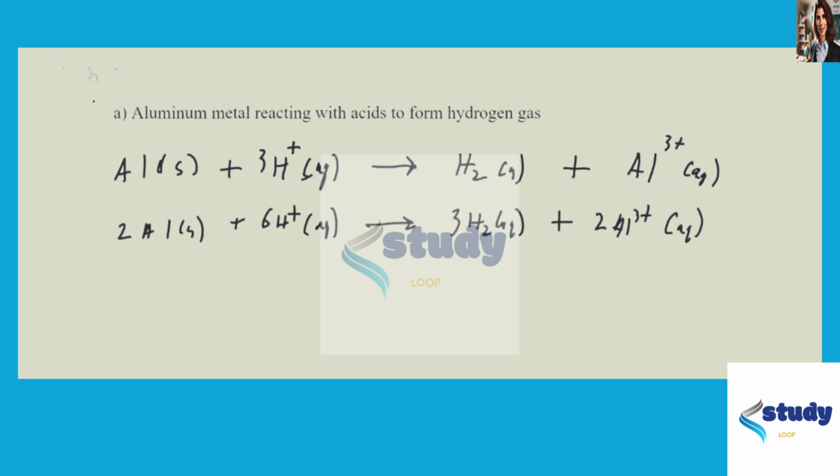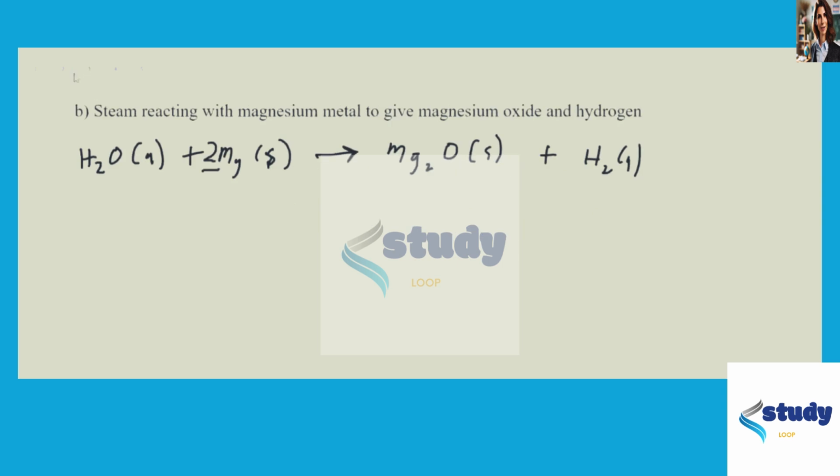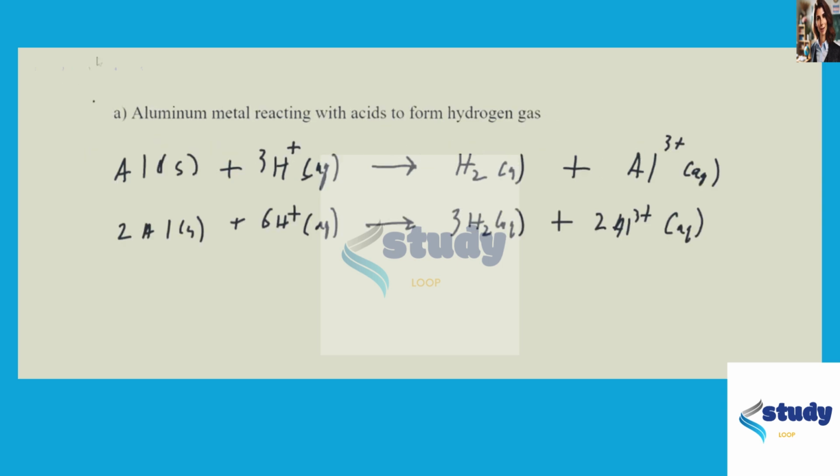Okay, so we had 4 different reactions that were also analogous to reactions spread throughout the chapter. Aluminum metal reacting with acids, so we had aluminum solid and then some H+ ions, which would form a hydrogen gas, and then it does that by having those H+ ions remove electrons or oxidize the aluminum.